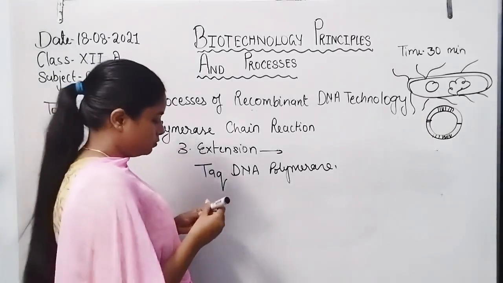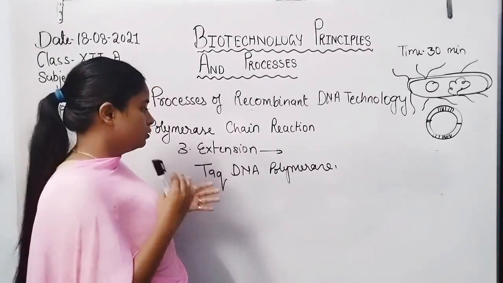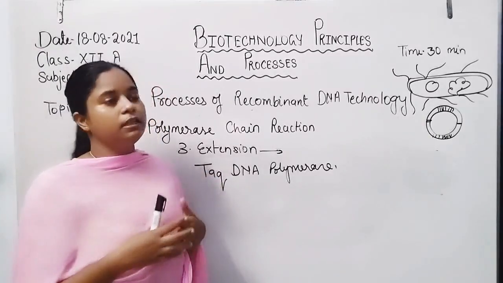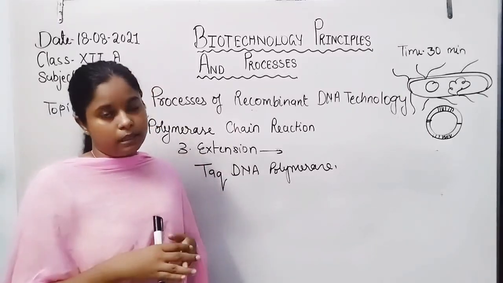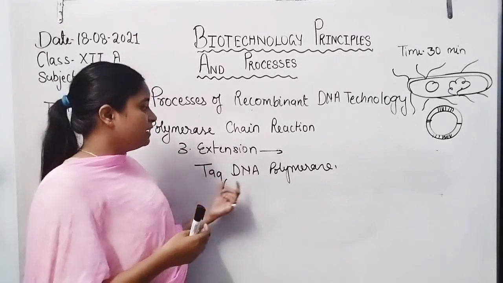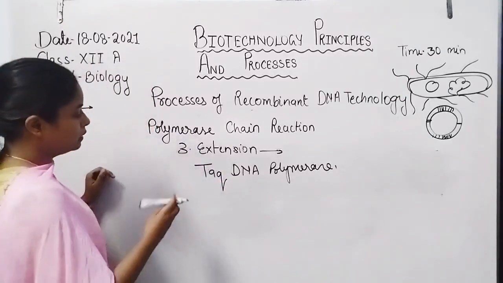The Taq DNA polymerase does not lose its activity above 37 degrees centigrade, because Taq DNA polymerase is isolated from a specific bacterium.